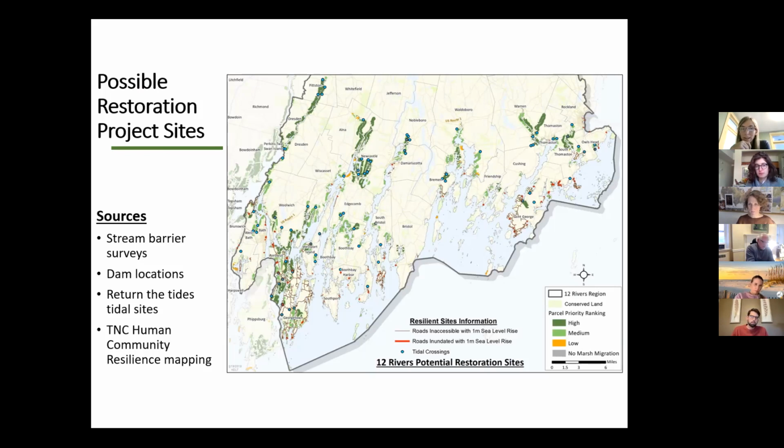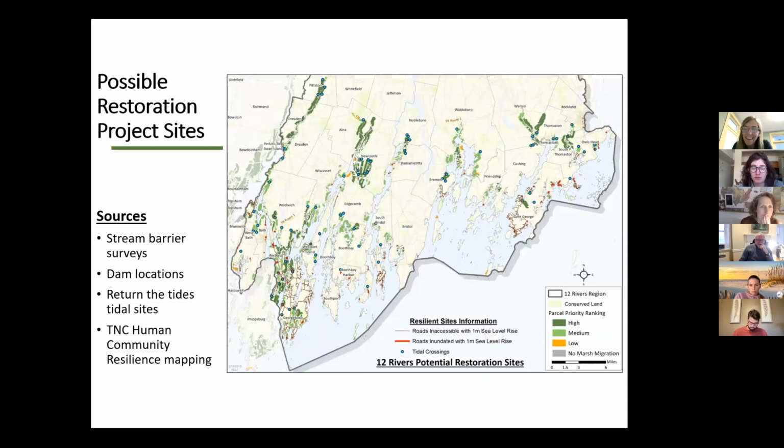They had a stream barrier survey, so they actually had a pretty good working knowledge of which of those tidal crossings imposed an impediment to hydrologic flow, and therefore a degrading factor to marsh movement and migration.